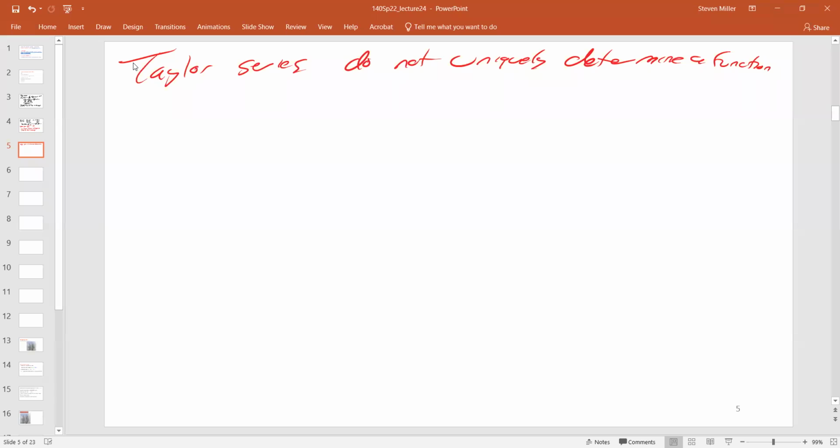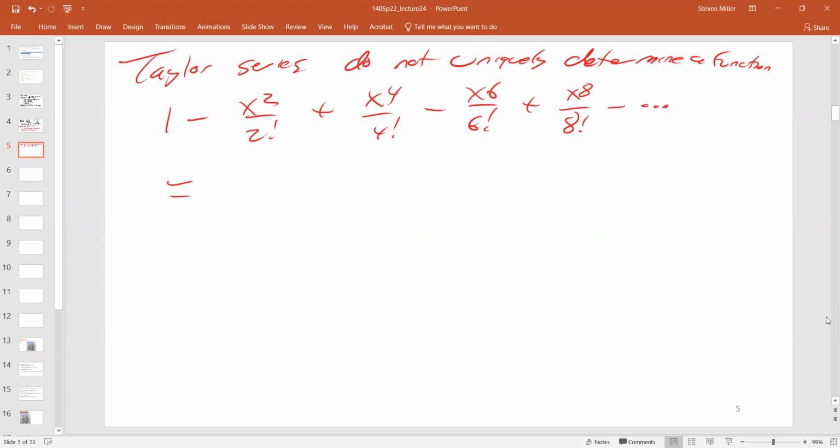If I give you 1 minus x squared over 2 factorial plus x to the 4th over 4 factorial minus x to the 6th over 6 factorial, what function do you think this is converging to? Cosine of what?